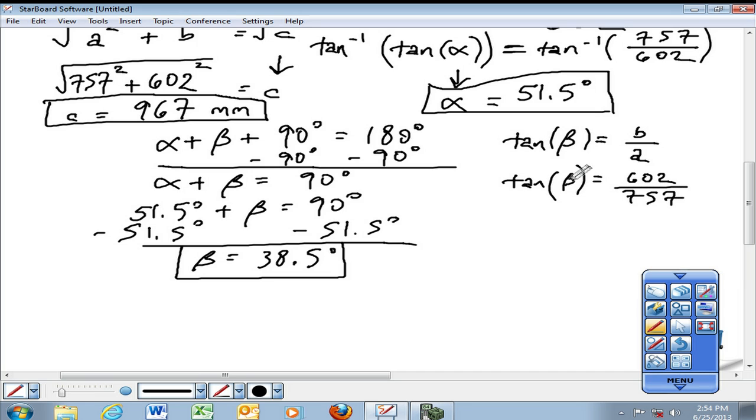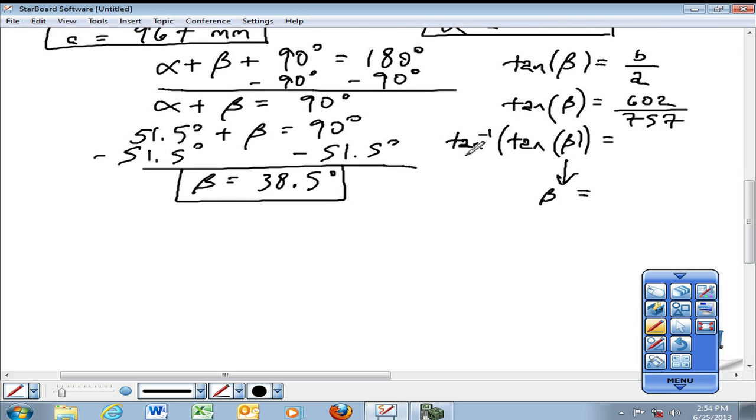Now we want to break into our tan function with the inverse tan. Inverse tan of the tan, out pops beta. That's our goal. But of course, what you do to one side of the equation, you must do to the other. So here's the inverse tan of 602 divided by 757.